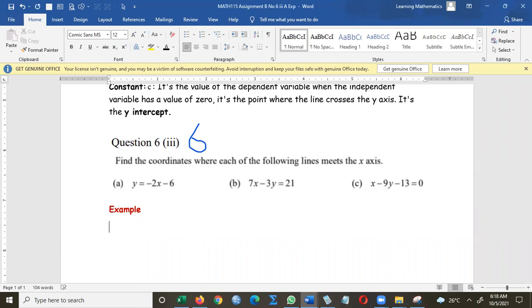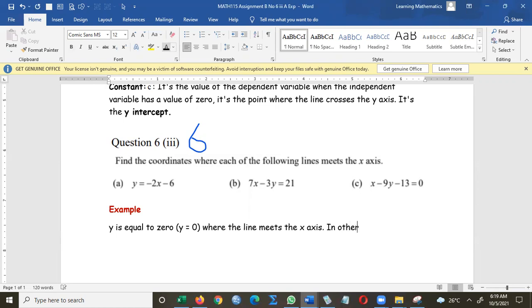Y is equal to 0. In other terms, y is equal to 0 where the line meets the x-axis.